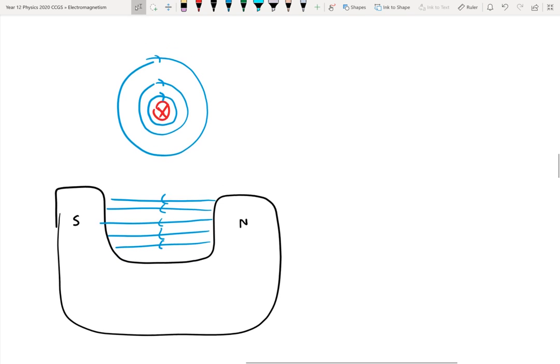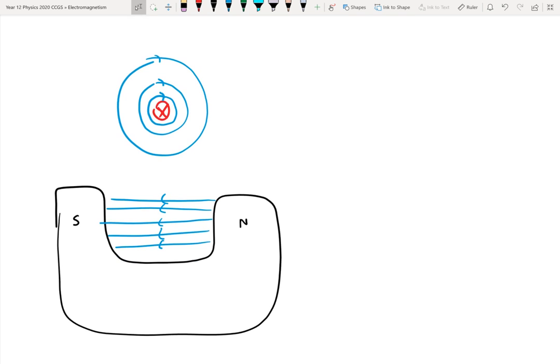Now, this is where I struggle the most. I need to combine those two fields to produce a net magnetic field. So off to the right, I'm going to call that B1, call that B2. Over here, I'm going to draw B1 plus B2. Well, what can we do?